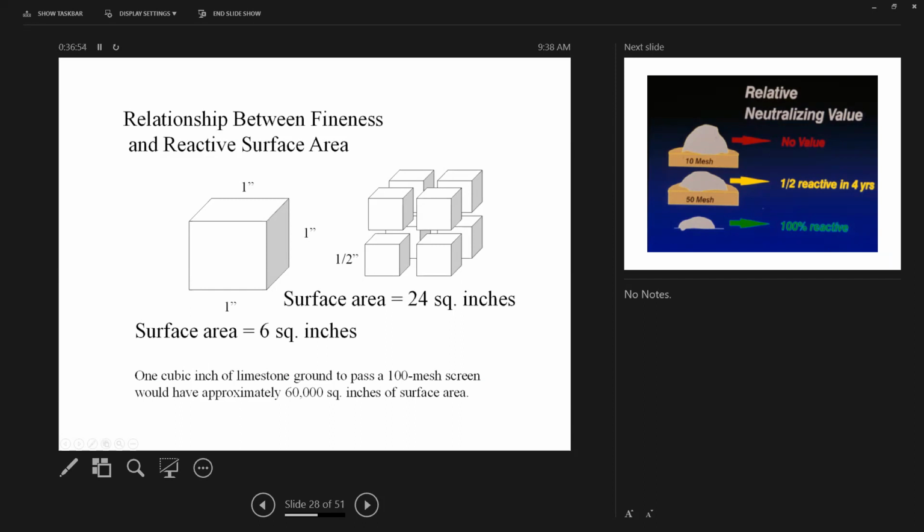So this block, if you keep splitting it enough, goes from 6 square inches of reactive limestone surface to 60,000. So that particle size has a huge influence on the ability of that limestone to react and neutralize soil pH.